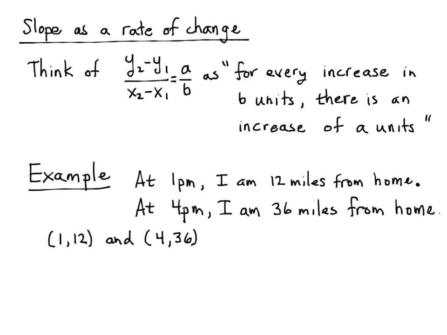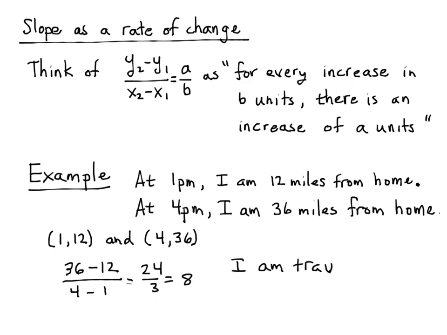So with my time and my distance, I have 2 points, (1, 12) and (4, 36). And so if I compute the slope between the two of those by taking the difference in the y's divided by the difference in the x's, I know that I'm traveling 8 miles per hour, if those are my 2 data points, and the assumption is that I'm going a steady speed, a uniform speed.